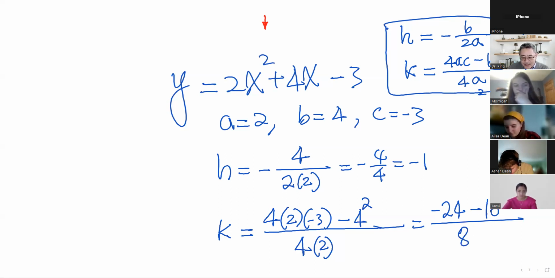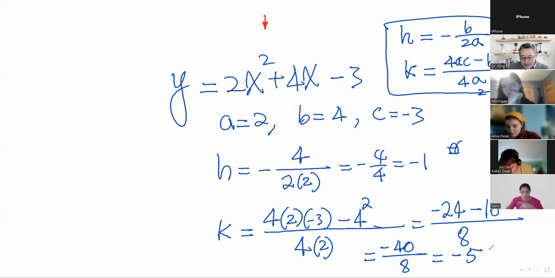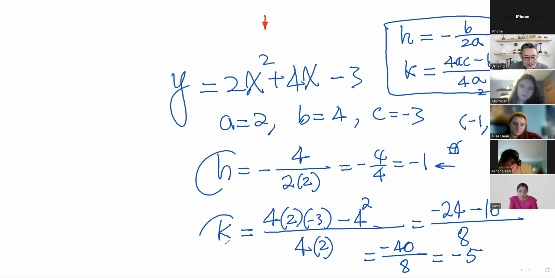So -24 minus 16 is -40, and divided by 8 that gives us -5. Therefore, we found our vertex point is at -1 and -5, because that's our H and that's our K.